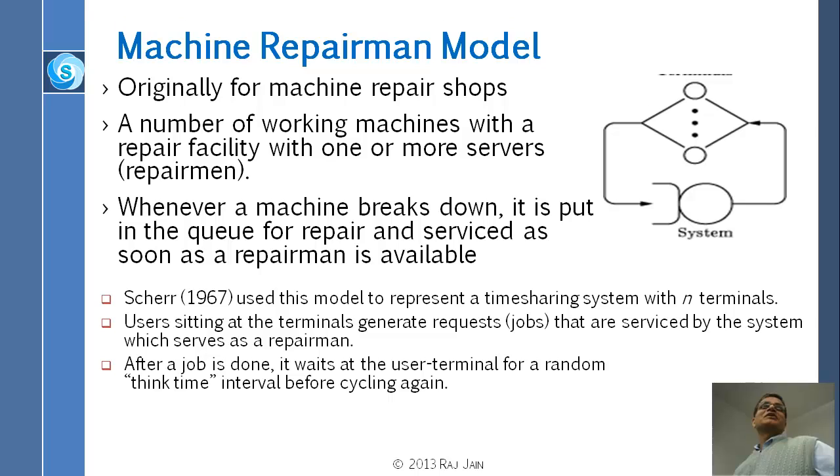So this model represents a system where the repairman is just sleeping because no machine fails. If a machine fails, the person goes and repairs it and comes back. This is the repairman, and these are the machines. For computers, this is the system, and these are the people who are using it. So this is for batch systems.